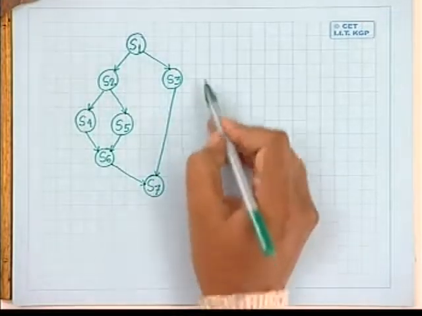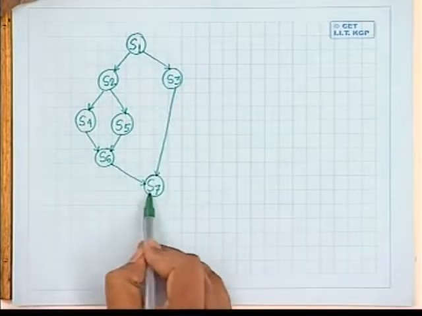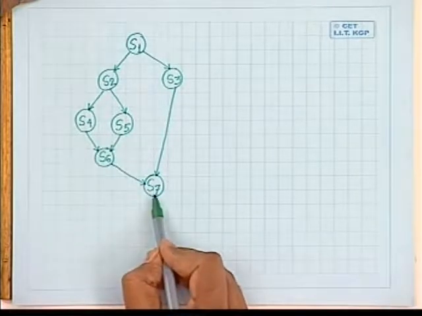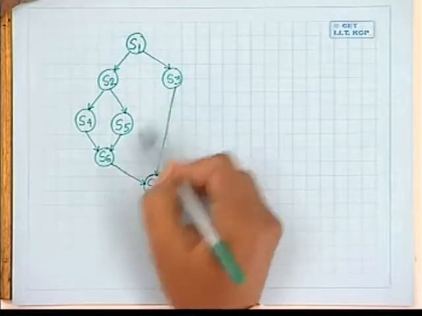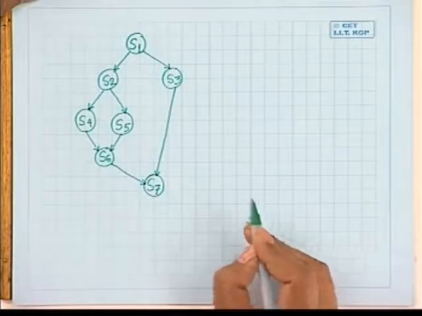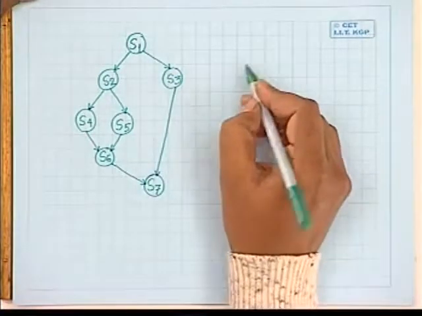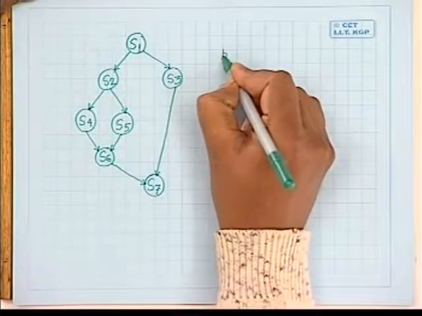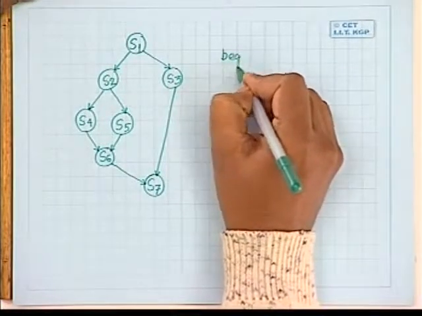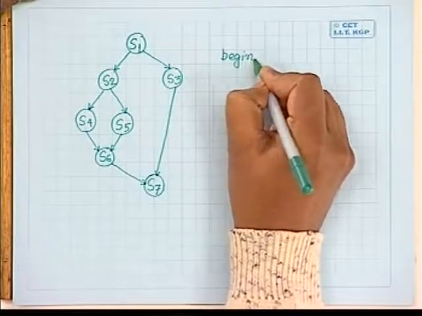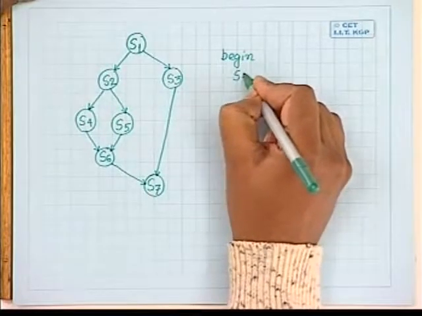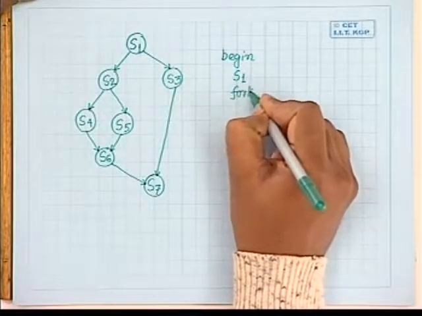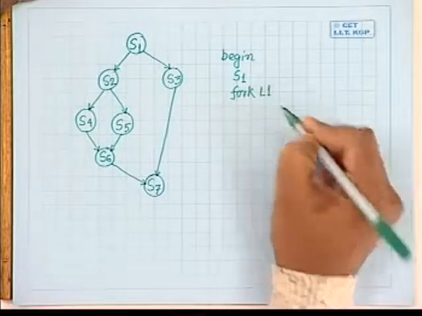How can we write this? You find that there are 2 points where the processes are to be joined. Here 2 processes are to be joined, here also 2 processes are to be joined. So I can write a very simple fork-join structure for this. I start with begin, then S1, then fork L1.